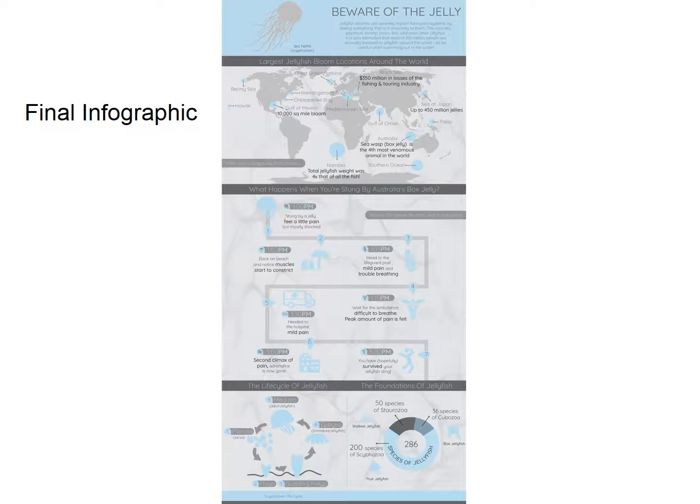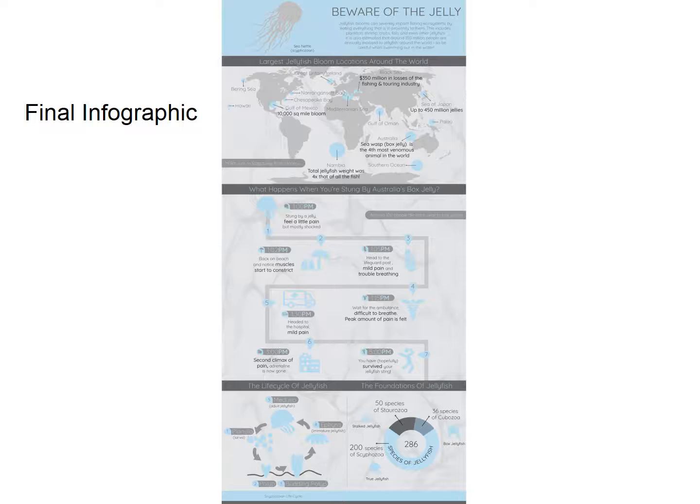I also tried to include a visual hierarchy with each display. The first display shows jellyfish bloom locations and immediately how these jellyfish can be dangerous to areas. And the next display shows more of the physical dangerousness of jellyfish, shows the jellyfish sting and how they can be very painful and even fatal.